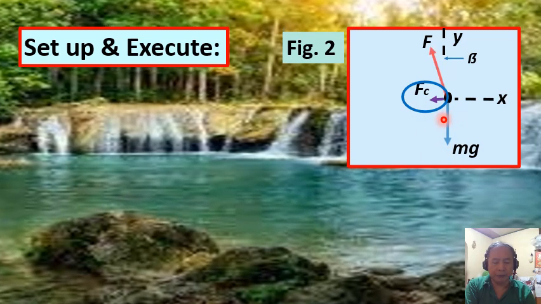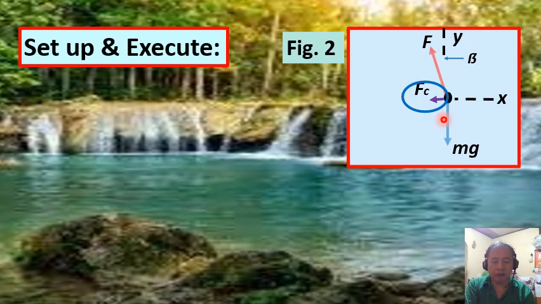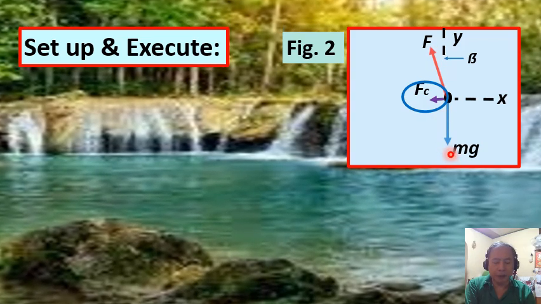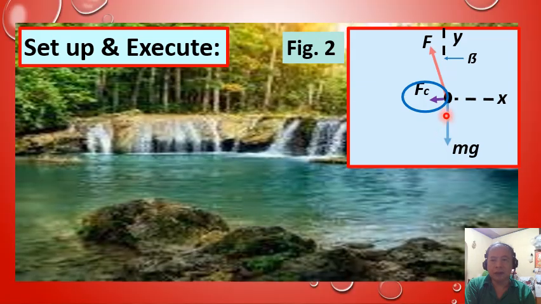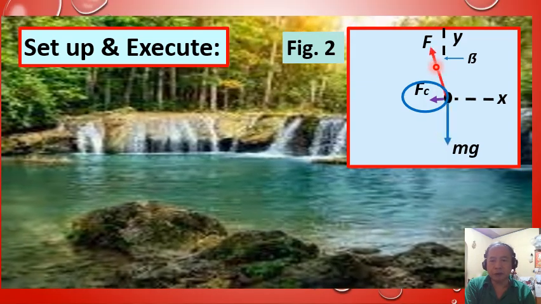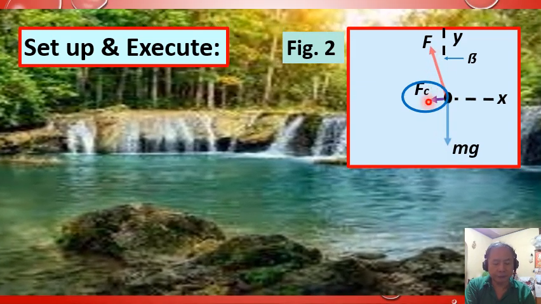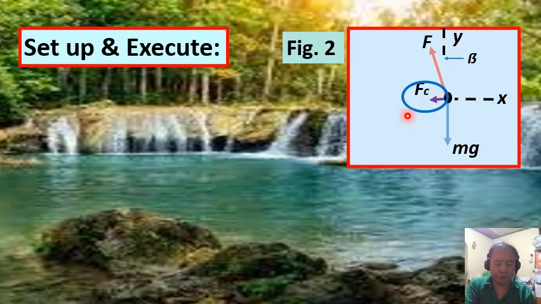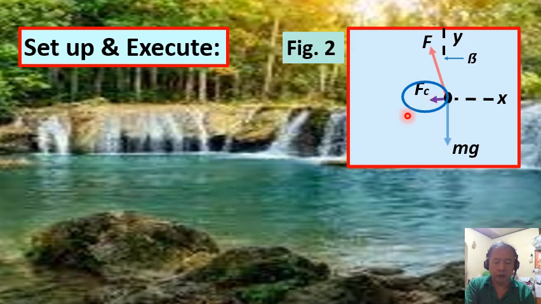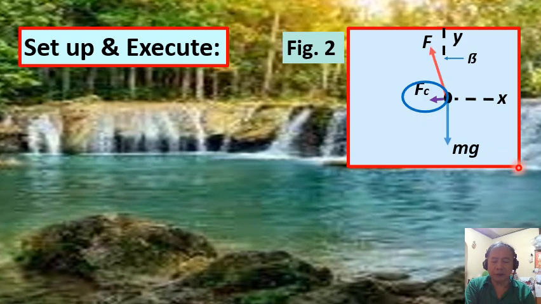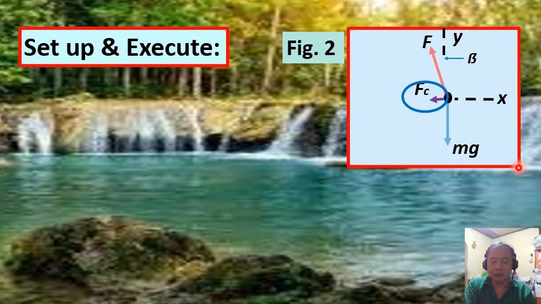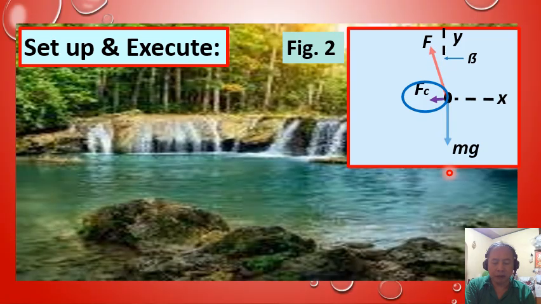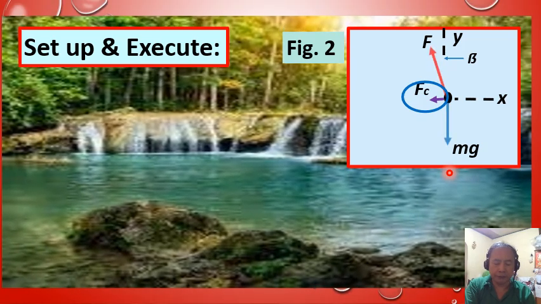We have the weight of the bulb, denoted by mg, and the tension force, capital F, which is exerted by the wire. Note that the center of the circular path is in the same horizontal plane as the bulb and not at the top end of the wire.